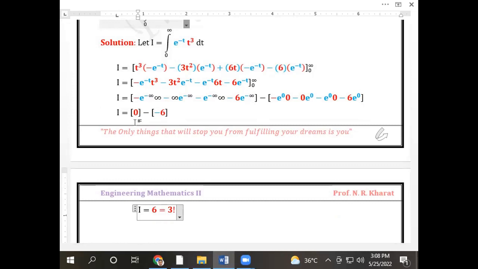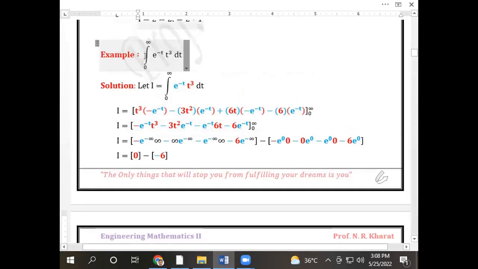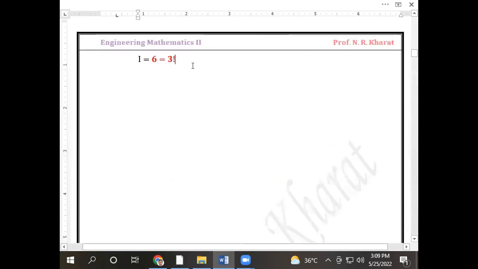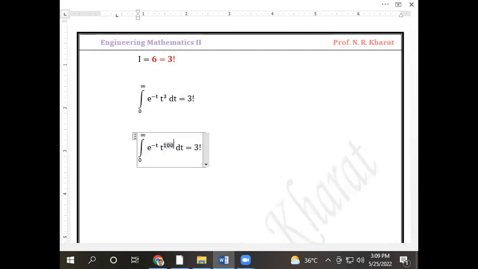In the same way, we observe that if the index of t is 3, then 3 factorial is my solution. In the same way, suppose I increase the index of t to 100, then it should be 100 factorial.